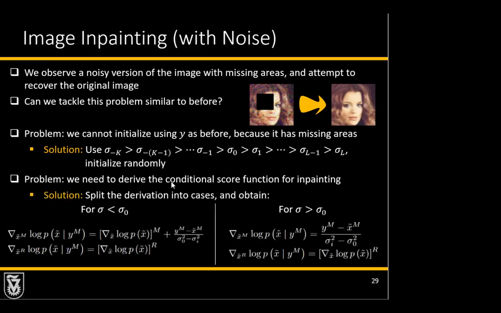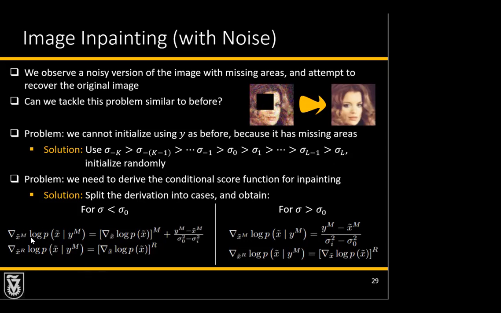I will not show the entire derivation because of the time limit in this lecture, but let's look at the final results. We split the derivation into cases. M is the mask of the inpainting, which are the observed pixels that are not removed, and R are the remaining pixels that are removed. In the case where sigma is smaller than sigma 0, which is the second part of the algorithm, we obtain something that is similar to the image with noise sigma 0, but with the filled area.